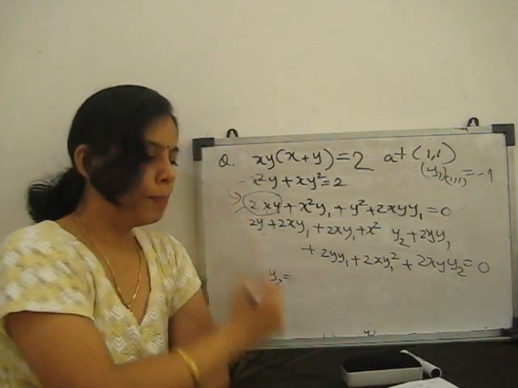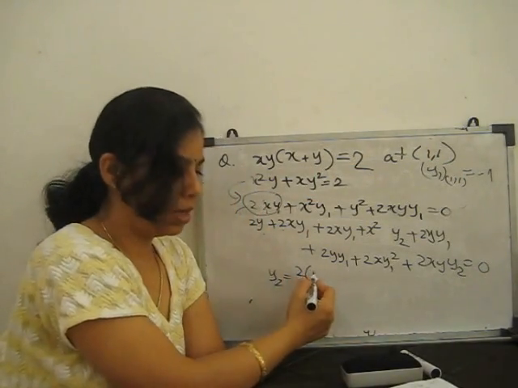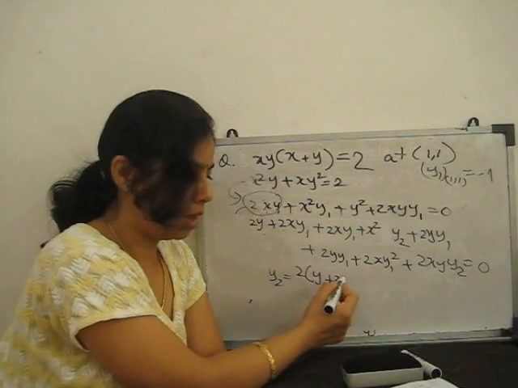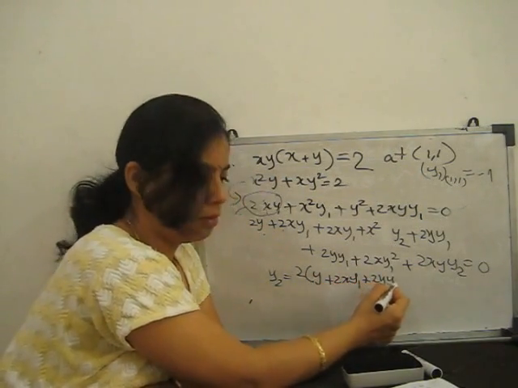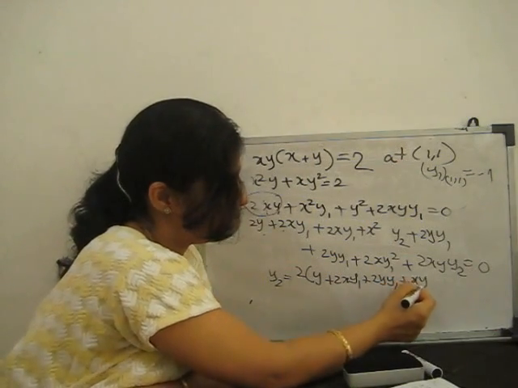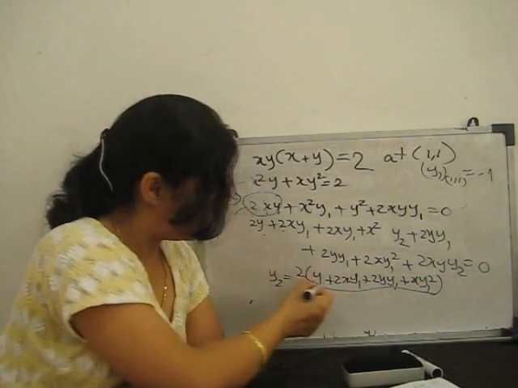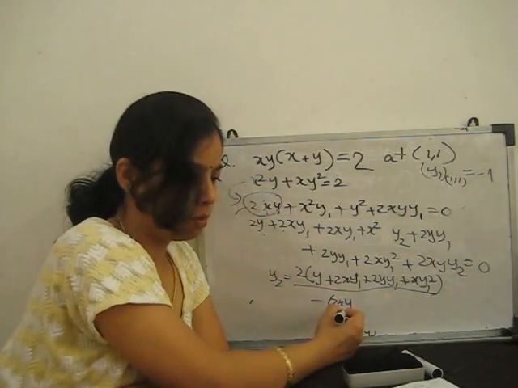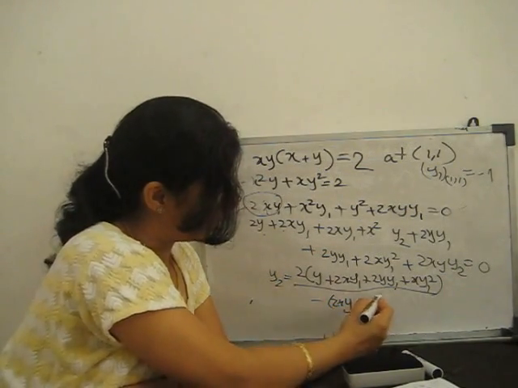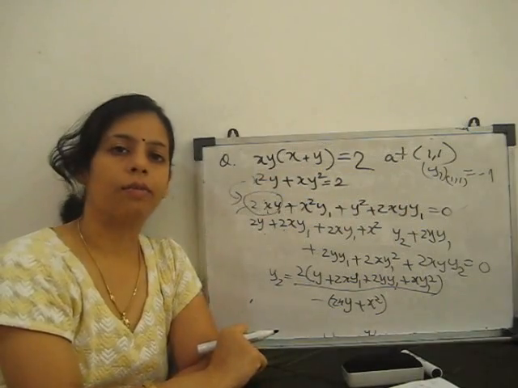With the help of simplifying we can find out the value of y2. When you simplify it, y2 comes to minus of (2y plus 2x y1 plus 2y y1 plus x y1 square) divided by (2xy plus x square). This is our y2.